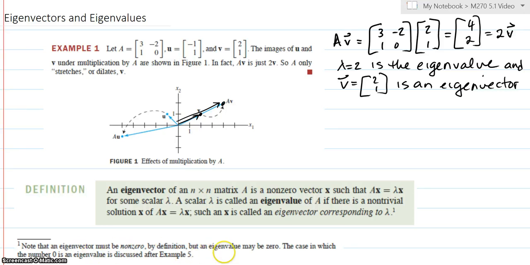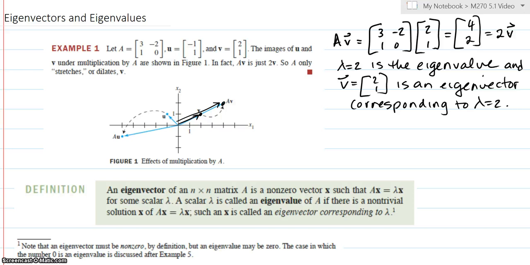The eigenvalue may be 0, and we're going to see that in example 5. And they also say here, x is called an eigenvector corresponding to lambda equals 2.